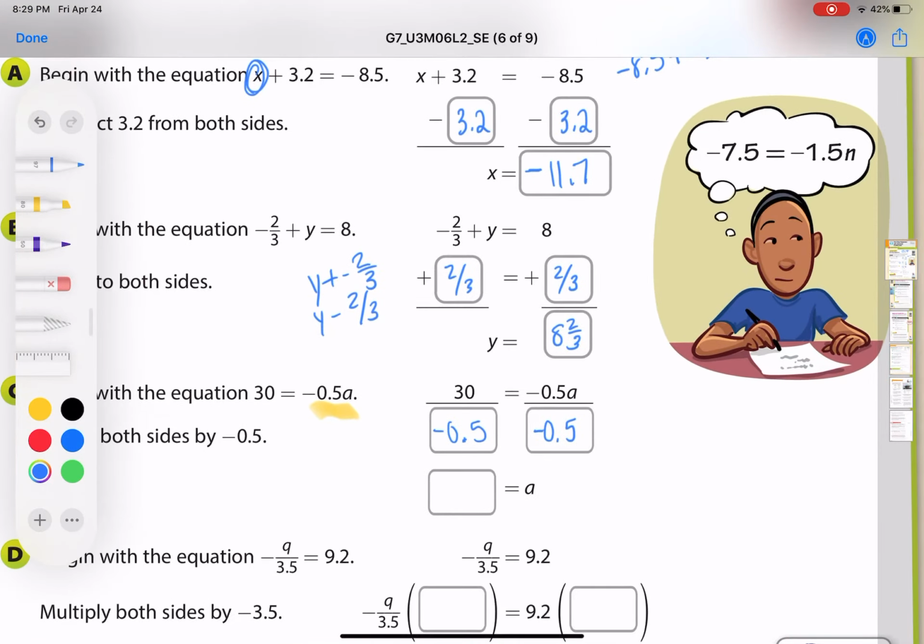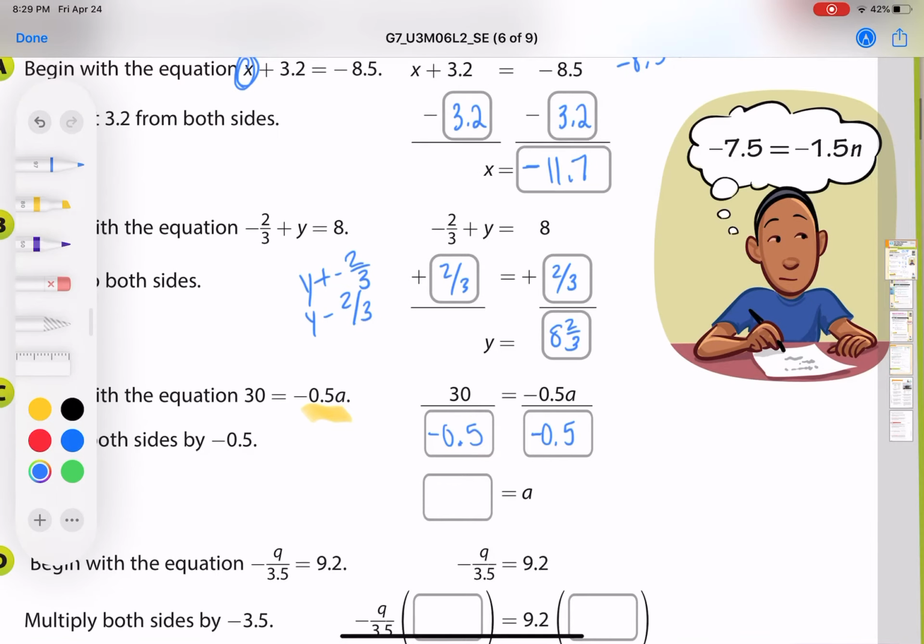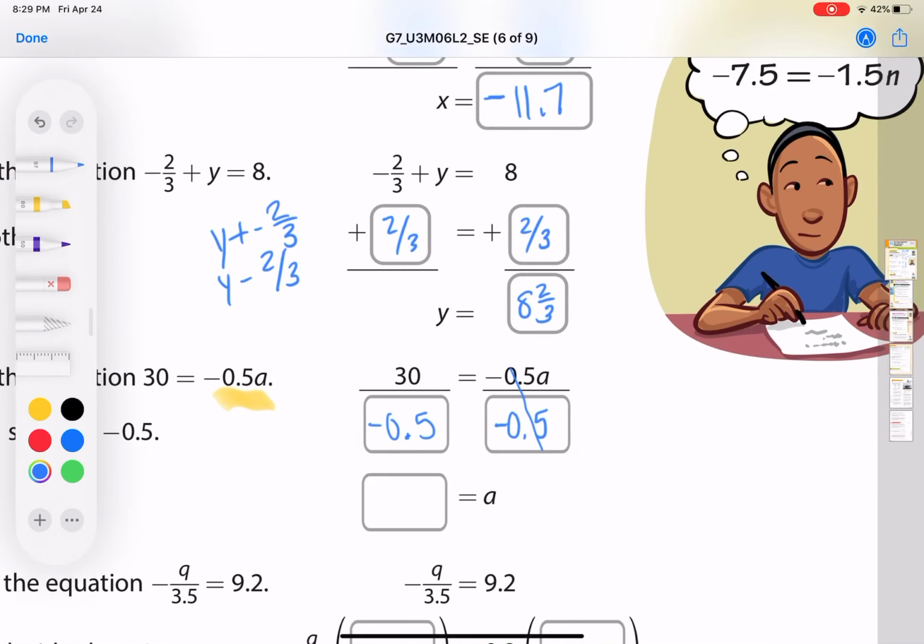Negative 0.5 divided by negative 0.5 is 1, so those essentially cancel out. Now we have to divide 30 by negative 0.5, which is negative 60. It is negative because they are unlike signs, so you have to divide.